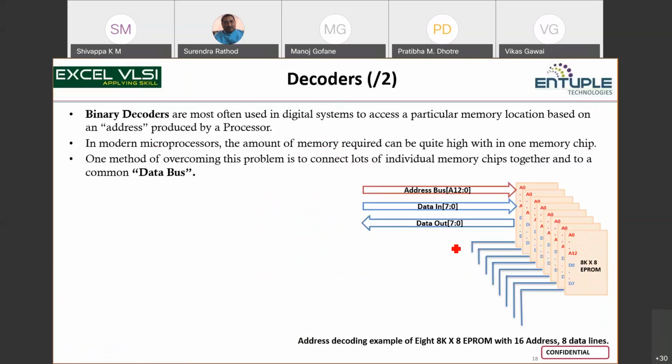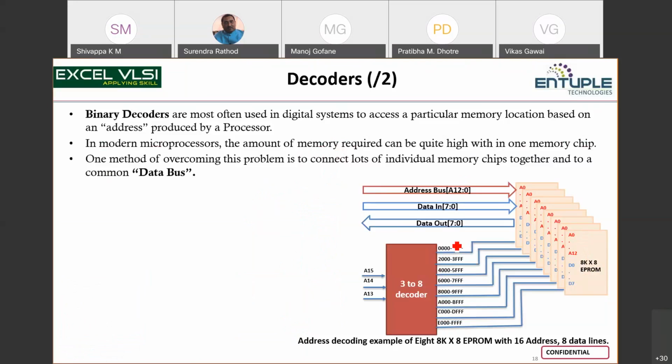Now let us connect this to the processor. How do we connect to the processor? The processor address bus is shared to all the peripherals, all memory or IO peripherals. Data in is also shared, because the processor is driving all of them.